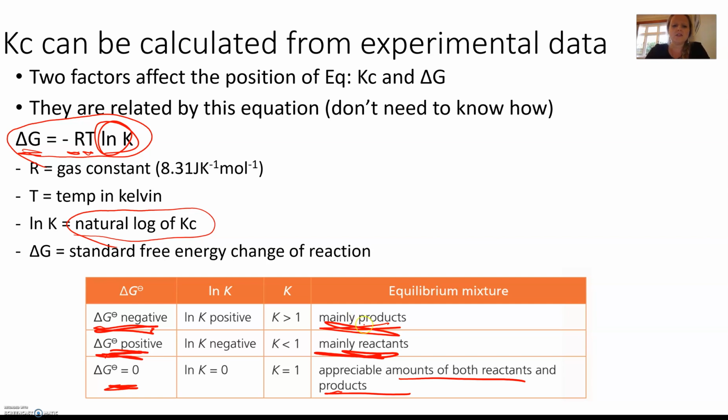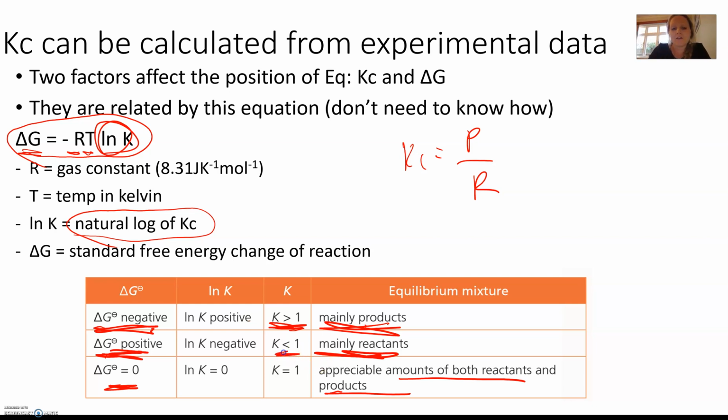So we know Kc is always products over reactants. Therefore, if you've got mainly products, your Kc must be relatively big, so we're going to say greater than 1. So this is all kind of linking in everything we've already previously learnt together.